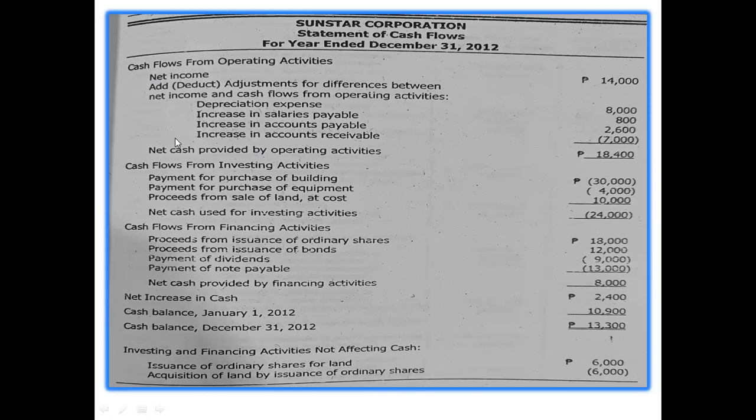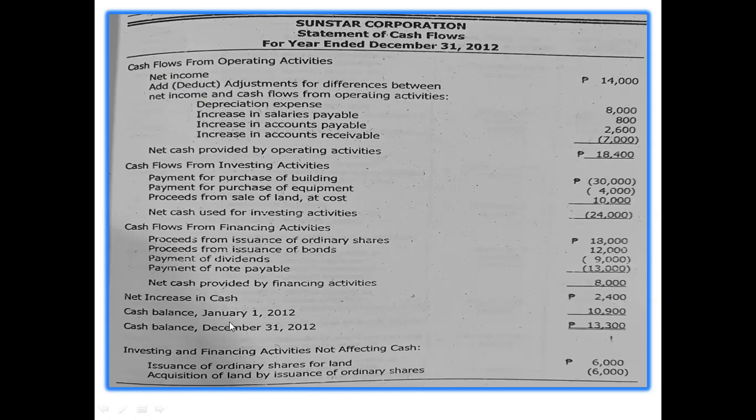Okay, and then the net cash provided, so you add that up. So the net increase in cash, net increase because it's a positive. So that's positive 2,400. And then you add the cash balance in the beginning of the year.